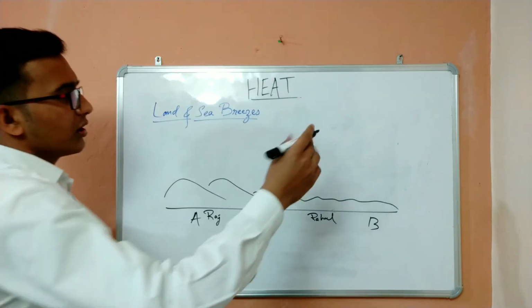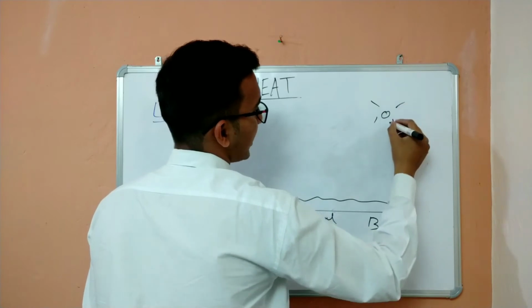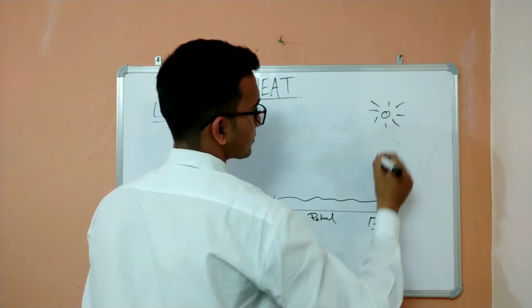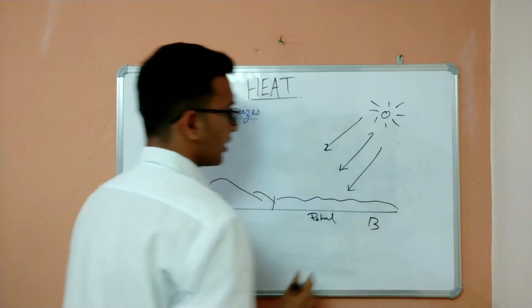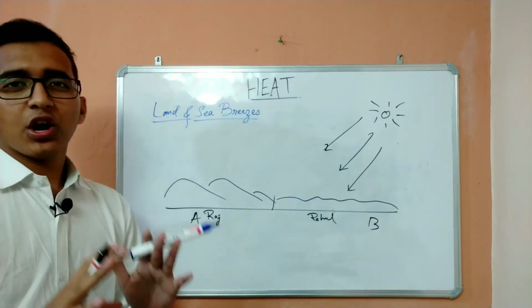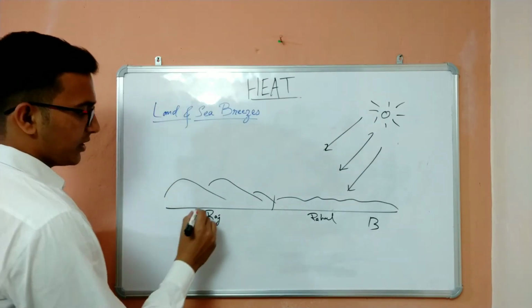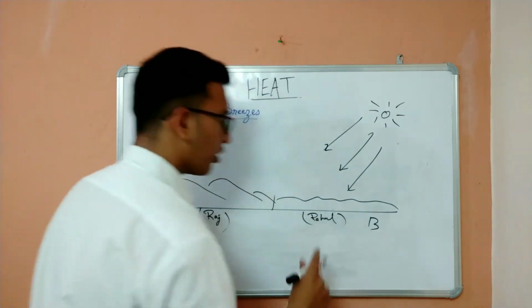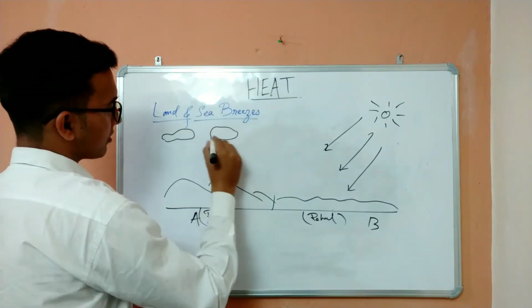Now suppose Rahul experiences a very hot climate. The sun's rays are very direct on it. So Rahul experiences a very hot climate all over the year, whereas Raj experiences a moderate climate, not so hot or not so cold. It's generally covered with clouds.